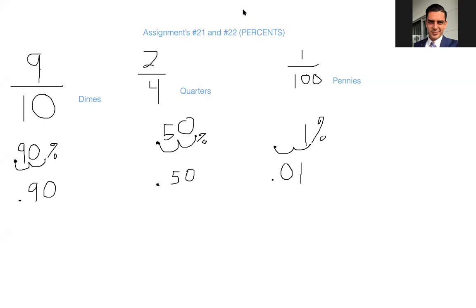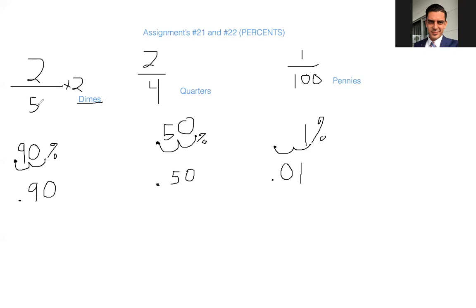Let me show you, these are just shortcuts. Now, let's say I had something like 2 over 5. It's not a shortcut for me; this is kind of a weird fraction. But I can make it into a dime, like one of my shortcuts, because I can multiply the top and bottom by 2.